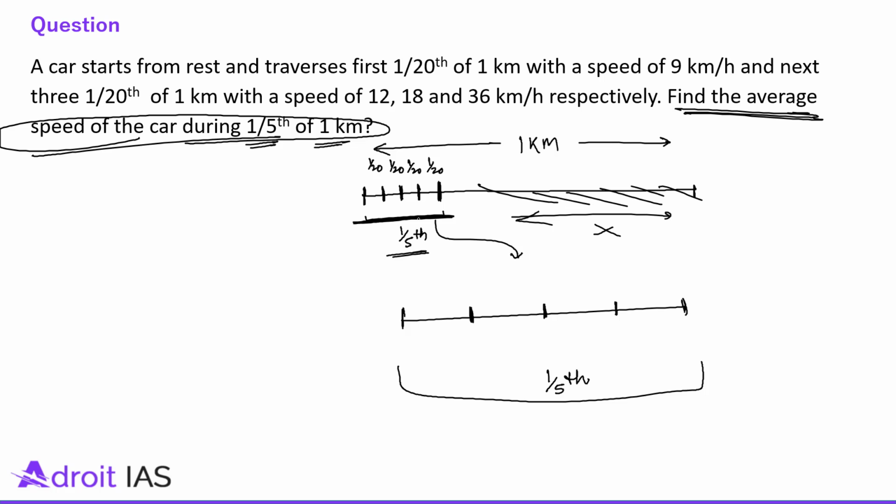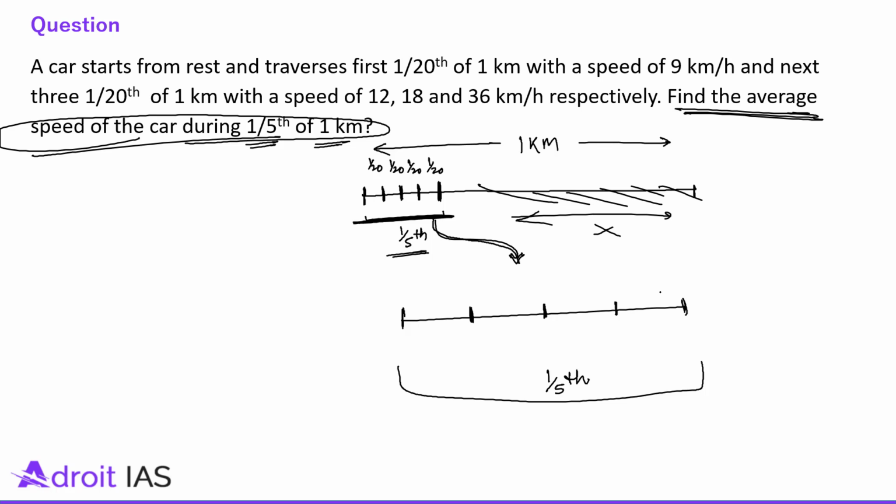You can find only for this part. So I have enlarged this portion over here. This is the first, second, third and fourth 1/20th. It means all of them are equal in length.